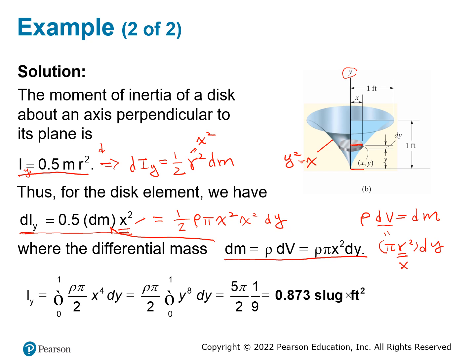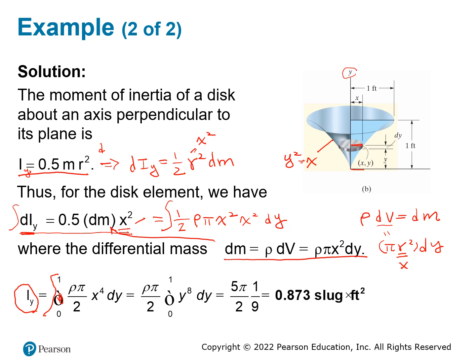That is equal to the dIy. Okay, and we integrate on both sides, then you will have Iy on the left-hand side equal to the integration of the right-hand side.